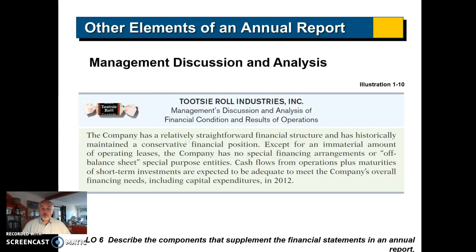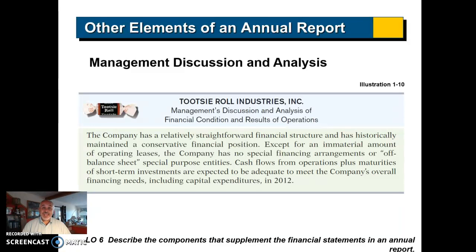In your textbook, we look at Tootsie Roll Industries. And here's a brief excerpt from the management discussion. Here it says this: the company has a relatively straightforward financial structure and has historically maintained a conservative financial position. What this says is, hey, our financial statements are basically the norm.